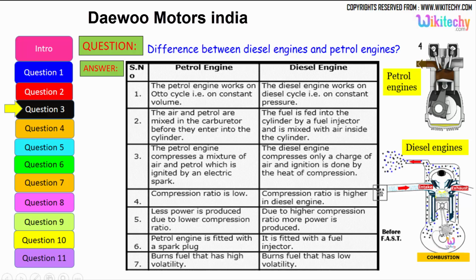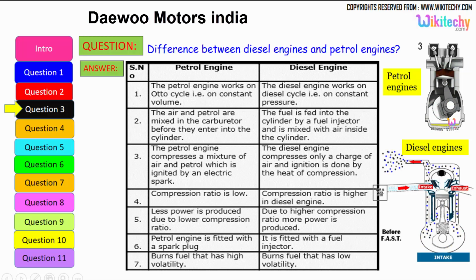In the diesel engine, the fuel is fed into the cylinder by a fuel injector and is mixed with the air inside the cylinder. The petrol engine compresses a mixture of air and petrol which is ignited by an electrical spark. The diesel engine compresses only a charge of air and ignition is done by the heat of compression.